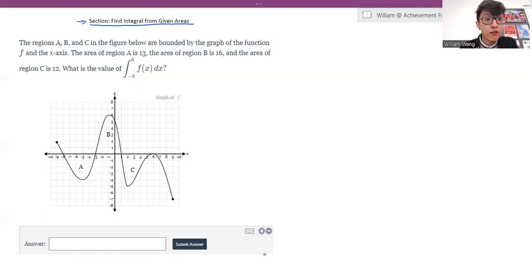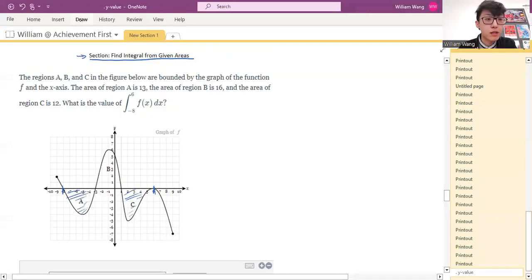Let's take a look. If I'm looking at this problem, I note that my integral goes from -8 to 6, right? So I would personally just mentally mark this down from -8 to 6. And if I were to shade that area, I'm shading this area, and actually, if I'm being slightly more effective, I'm going to shade these in red because these areas are negative.